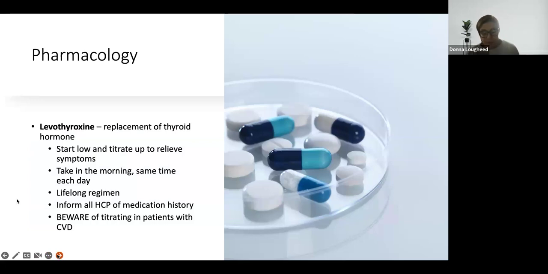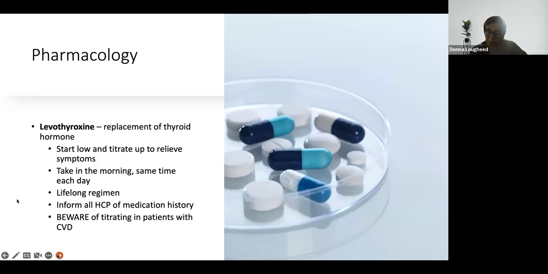Replacement of thyroid hormone is the primary treatment. The most prescribed medication is levothyroxine, and you may know that as Synthroid. This medication is started at a low dose and increased as needed to treat symptoms. Because thyroid hormone affects metabolism, the medication is taken in the morning.